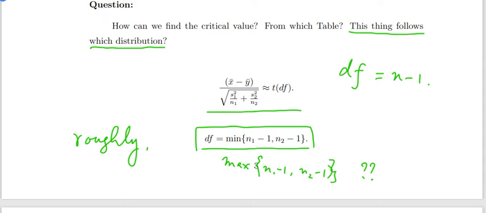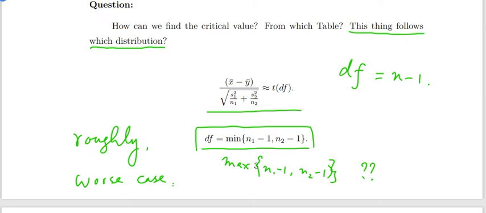So here we just consider the worst case. To make our decision, we just try to be really conservative. So we just pick the smaller one.